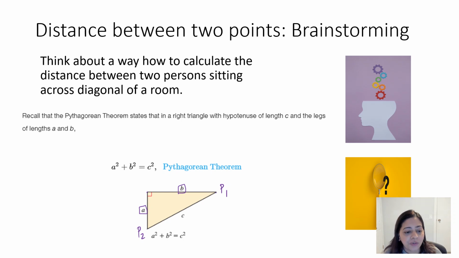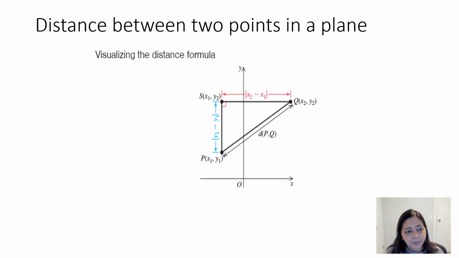Then by using the Pythagorean theorem, a square plus b square equals c square, you would get your answer, which is c. So this theorem helps us in finding the distance, and this forms the basis of a general distance formula. It's not that in the questions we'll directly use this, but we'll use a formula which comes from the Pythagorean theorem. So I'm going to share that formula with you.